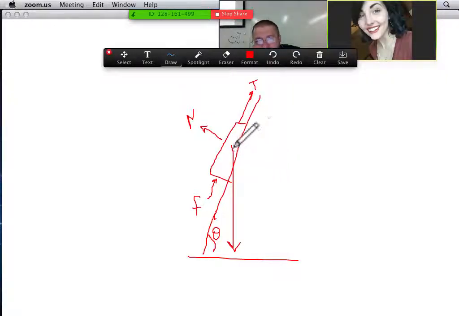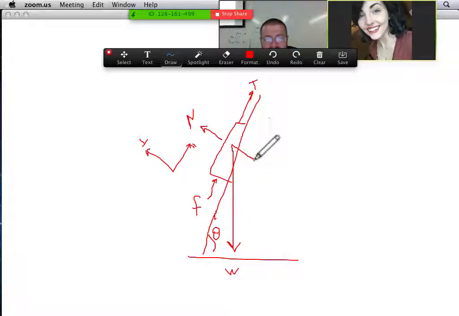And we probably want to set this up so that we're going parallel and perpendicular to the surface, so that we simplify our lives a little bit. So here's my parallel direction to the surface, and here's my perpendicular direction, which means I want to break this weight force into components that are parallel and perpendicular.